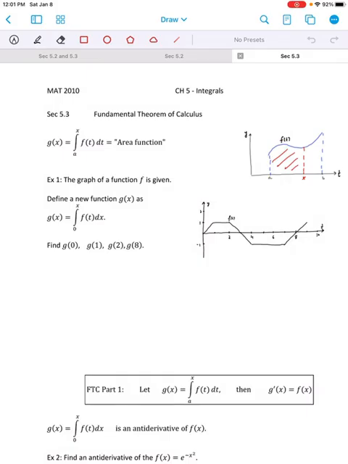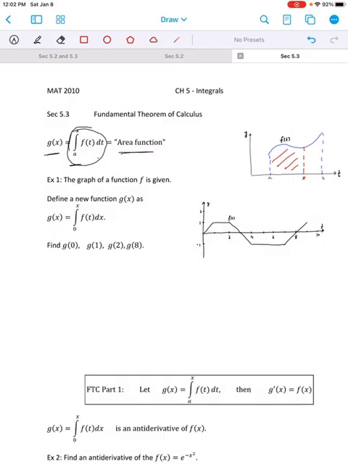So if you note here, the upper limit is a variable, and this is a way of defining new functions. So we are defining a function g of x as an integral of the function f, using an integral sign. What this represents is basically the area function.